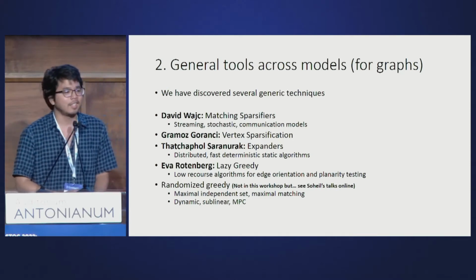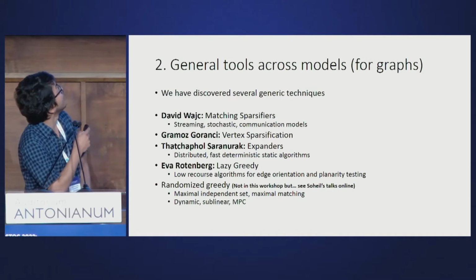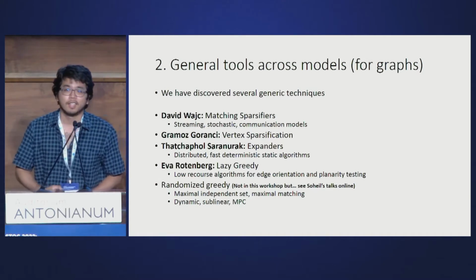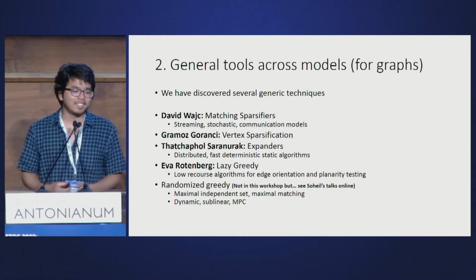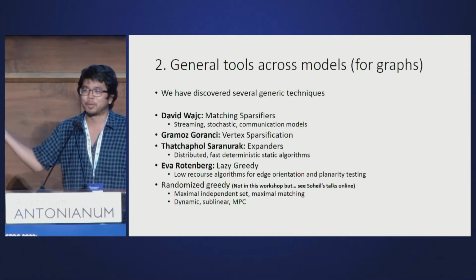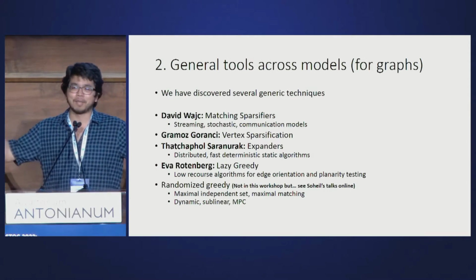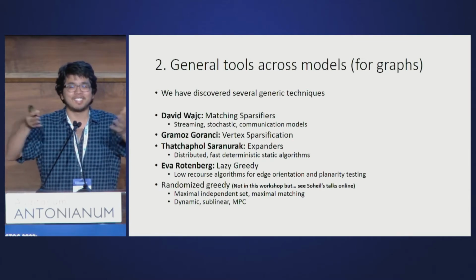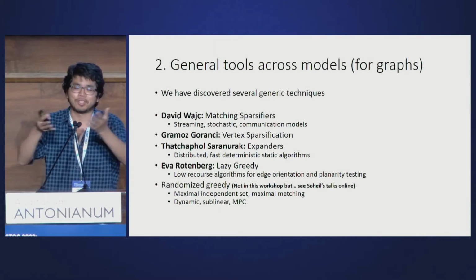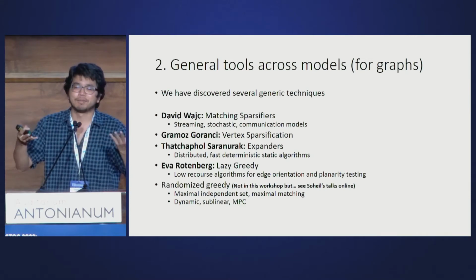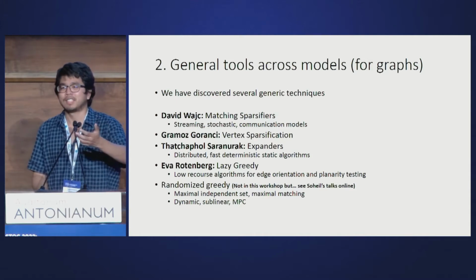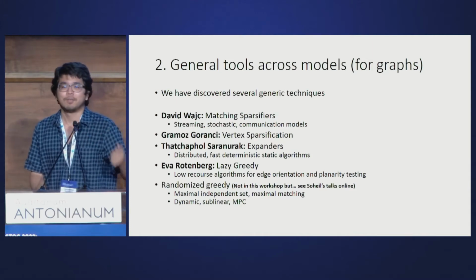The next thing is by Bernhard Haeupler, no, by Gramoz. This is going to be about vertex sparsification, and that idea is also about compressing graphs. So you have a big graph. Now, can you compress it into a graph with a smaller number of nodes, such that this new graph still preserves some useful information, which can be anything?